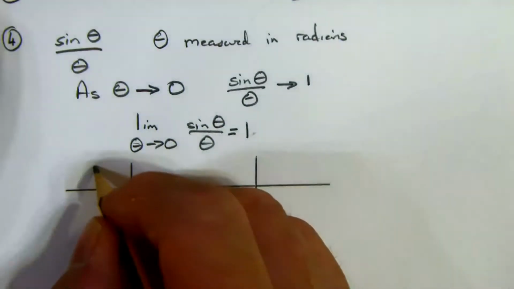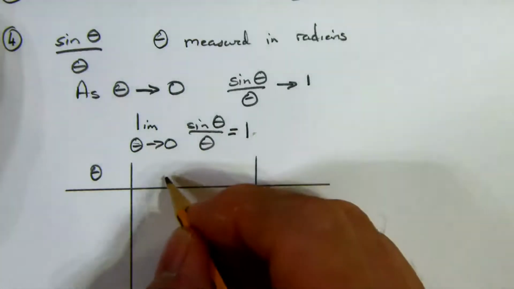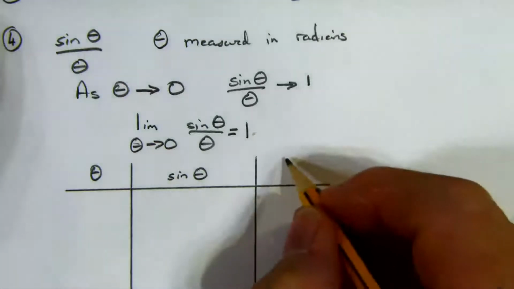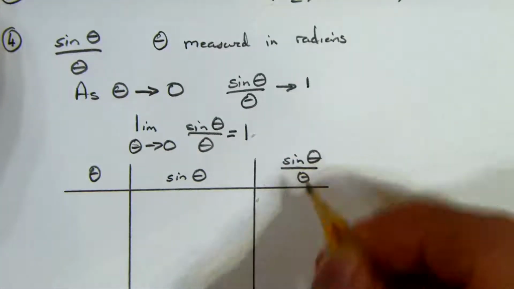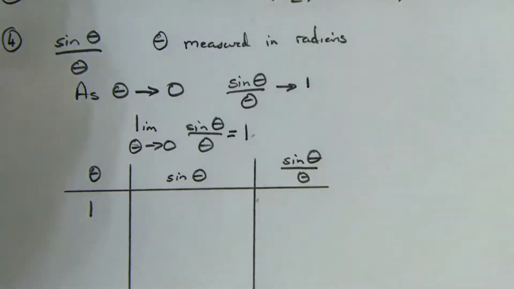Let's take theta, which is measured in radians, and we're going to work out what sine theta is going to be, and we'll work out what sine theta over theta is going to be. So we'll set theta here to 1 radian.